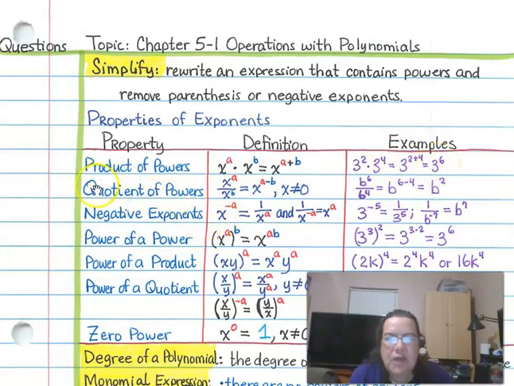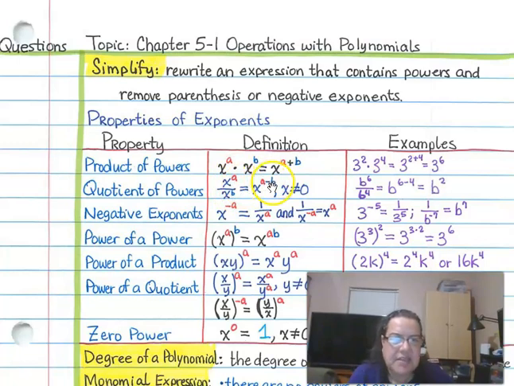Now, what if you have a division? A quotient is just some quantities that you divide, right? So when you end up dividing, let's say, x to the a power divided by x to the b power, what is the answer? All you do is keep your base, just like you kept your base over here. You keep the x, and all you do is subtract the little exponents, a minus b.